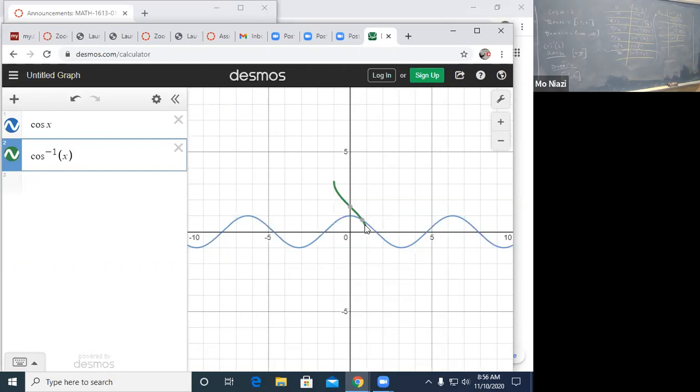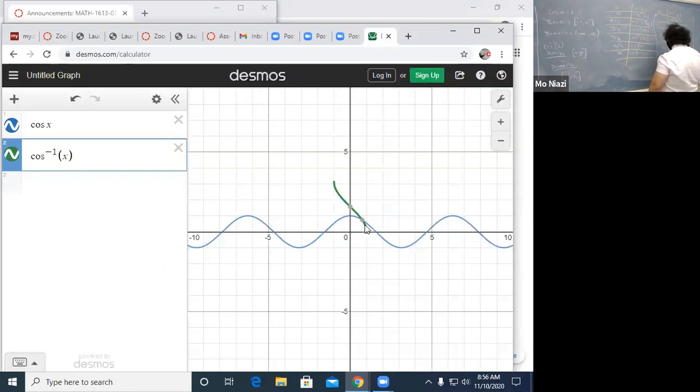Negative pi over 3. Well, that's from 0. So notice that that's not in our range. That's from 0 to pi.